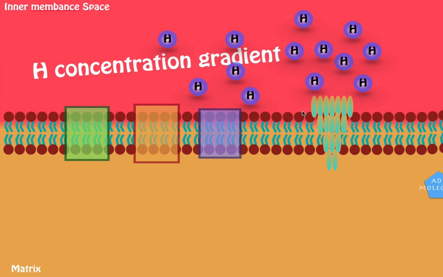This molecule right here actually has 3 active sites where it can make 3 ATP at the same time. But I'm only going to be showing you 1 ATP at a time. But just keep in mind this is actually a very, very fast process. Okay, so you have a high concentration gradient, a high electrical gradient from the hydrogen ions.